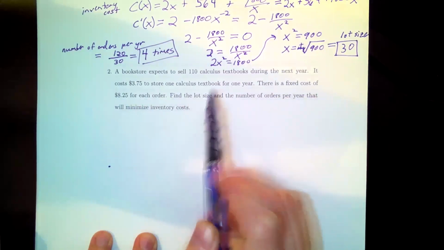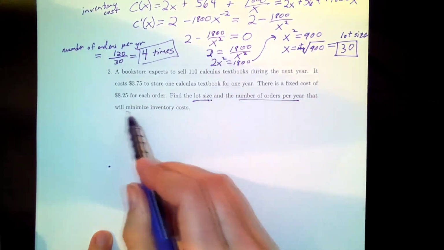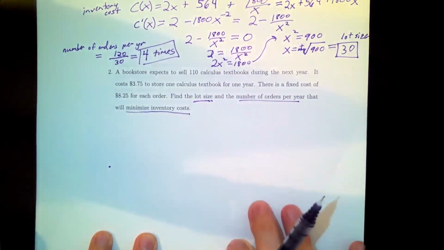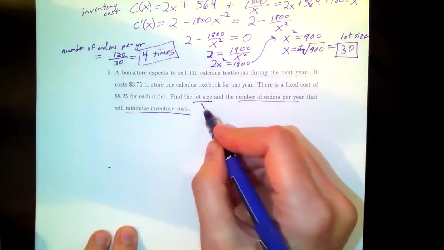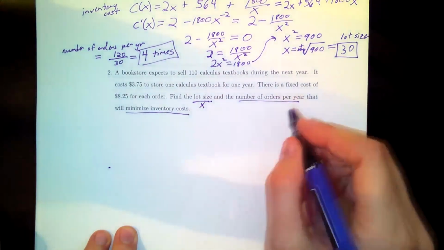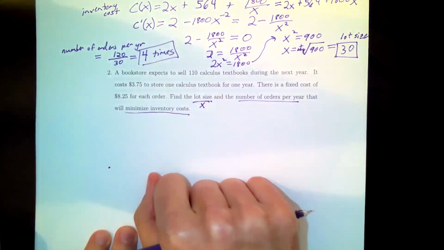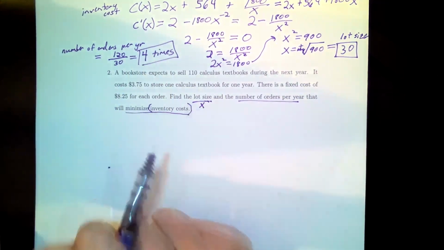It says find the lot size and the number of orders per year that minimize inventory costs. So this is the same exact thing that we just did, just with different numbers. They want to know what is the number of items I'll buy at once, X, and the number of orders per year. With that we'll use the same function, the inventory cost function.